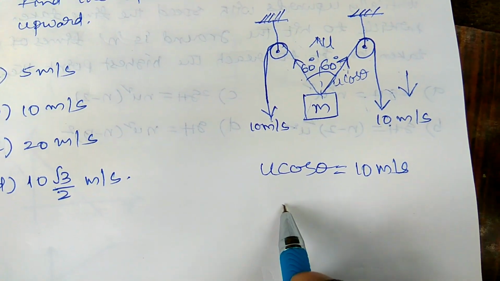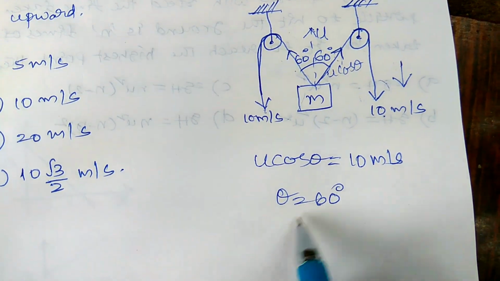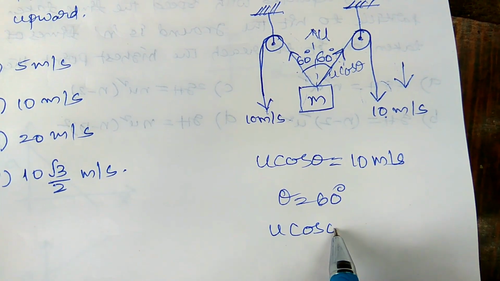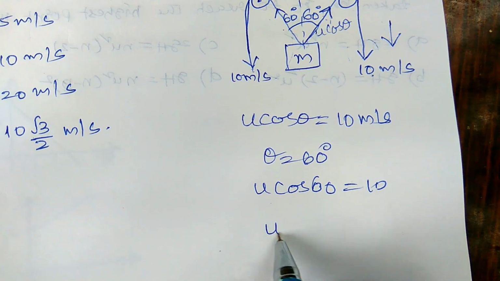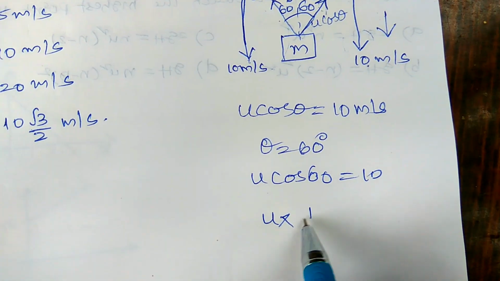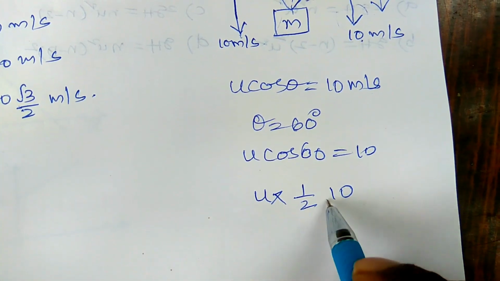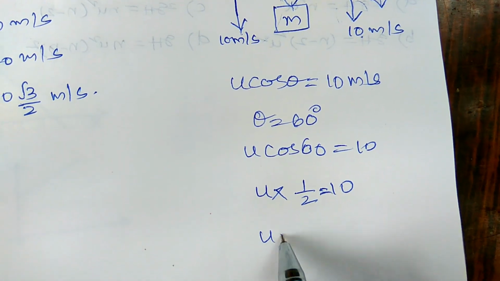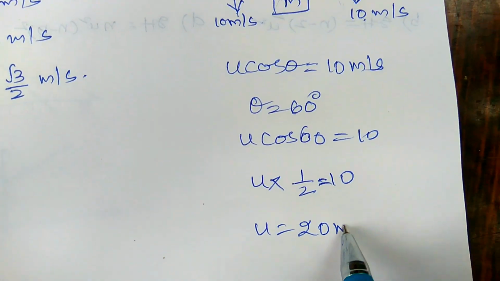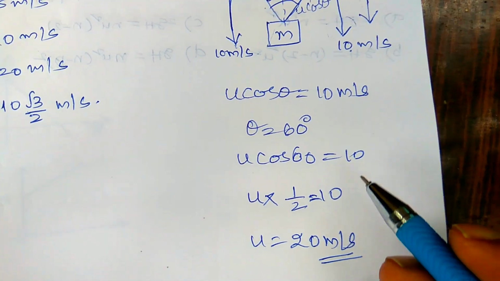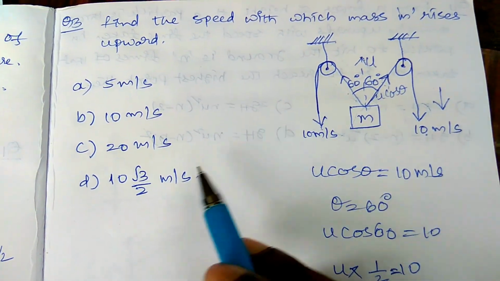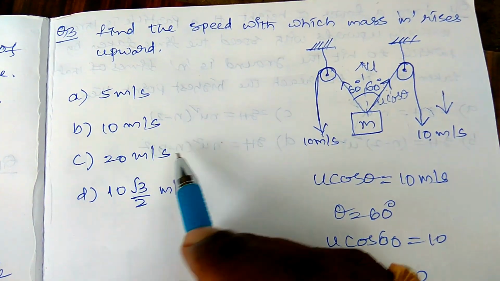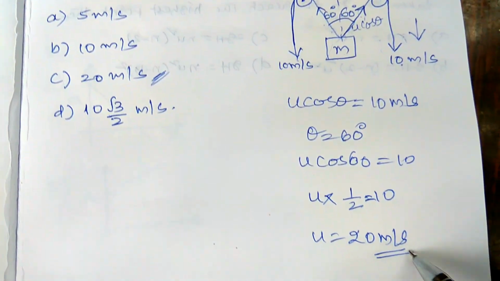With theta equal to 60 degrees, u cos 60 equals 10, and cos 60 is 1 by 2, so u is equal to 20 meter per second. So the velocity with which the mass m rises is 20 meter per second.